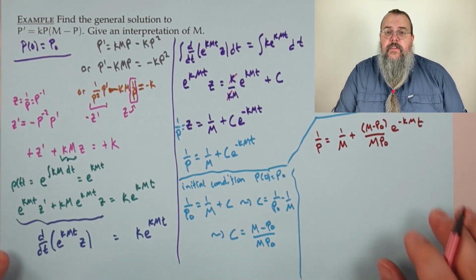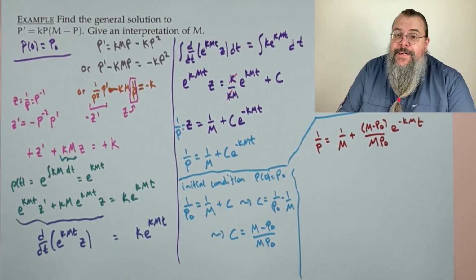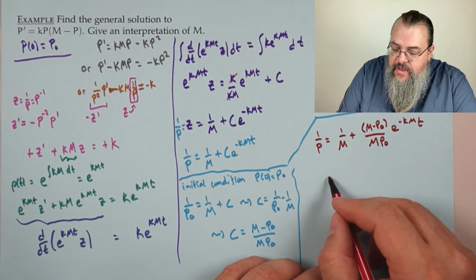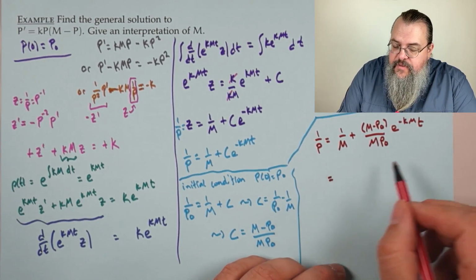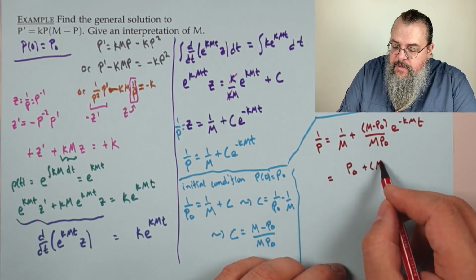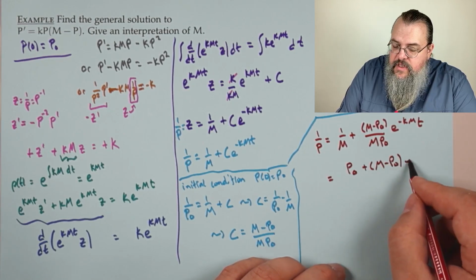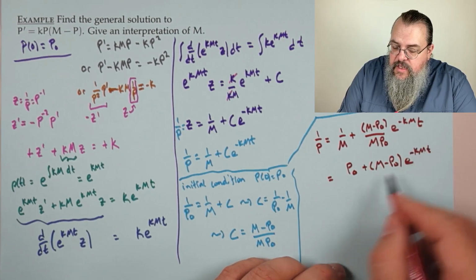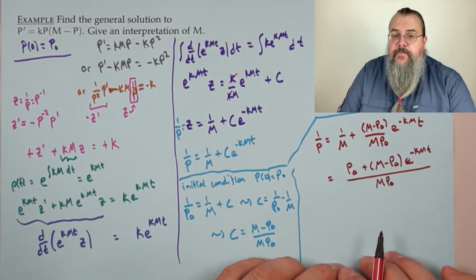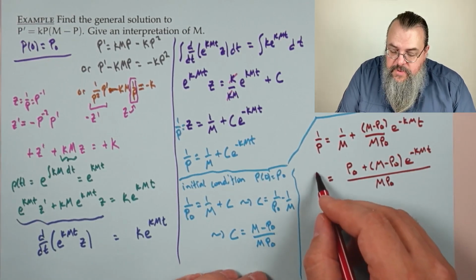All right, so that's what we have. Now, we can combine these terms on the right-hand side. Just get a common denominator of m p0. So we have p0 plus (m minus p0) e to the minus kmt, divided by m p0. And remember, that's 1 over p.